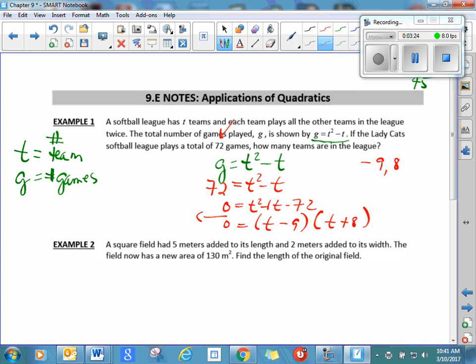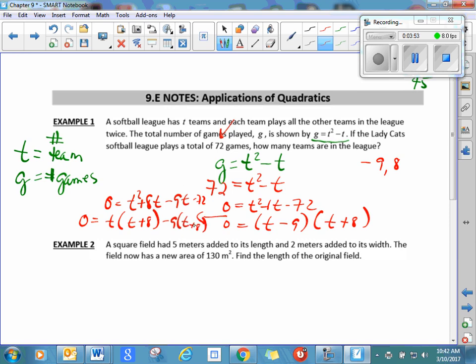If you want to see it, remember it would look like this. 0 is equal to T squared plus 8T minus 9T minus 72. And then you take out your common factor. 0 is equal to T plus 8 minus 9 plus 8.